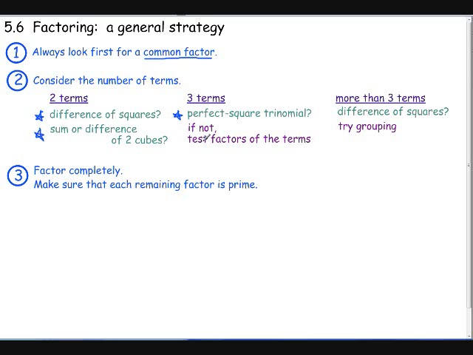If not, test the factors of the terms. What if you have more than three terms? Is this perhaps a difference of squares hidden by a perfect square trinomial? And definitely try grouping. Factor completely. Once you have achieved some factors, look and see, could I take this any further?